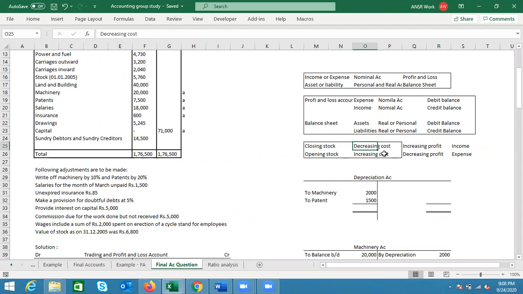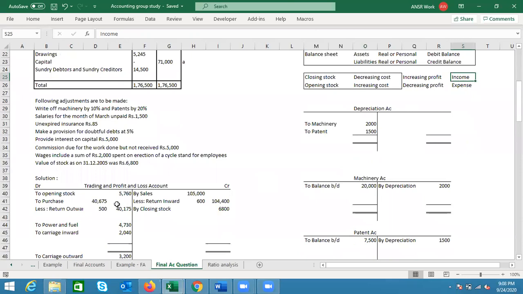Because if we have sold only 80 units out of 100 units, then we will have to compare only the cost of the 80 units to the sale value. In order to do that, we decrease the cost, and in the process of decreasing the cost, we are recognizing it as an income. That is one of the aspects. Okay, now what is the other aspect?